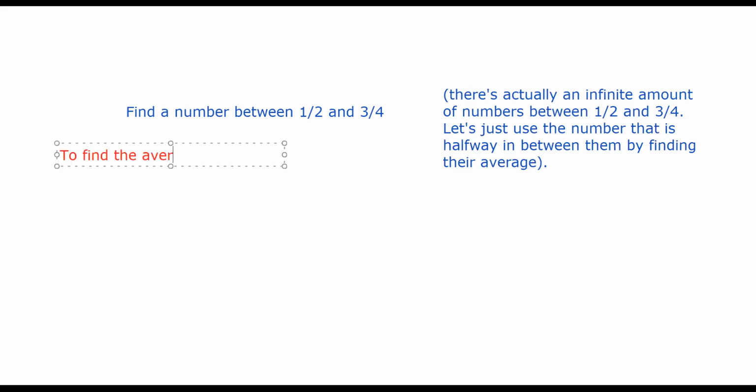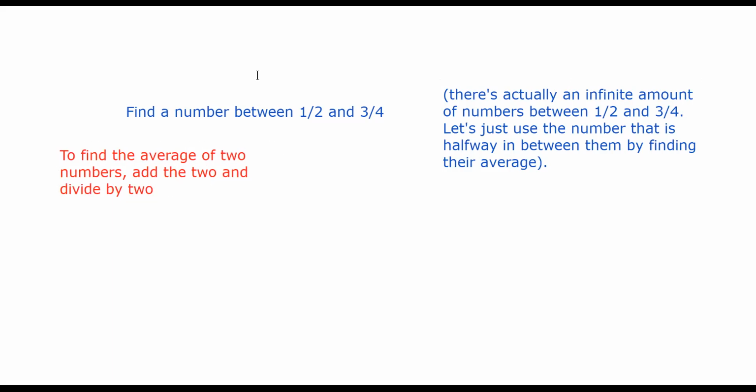To find the average of two numbers, add the 2, and divide by 2. So I need to do 1/2 plus 3/4.